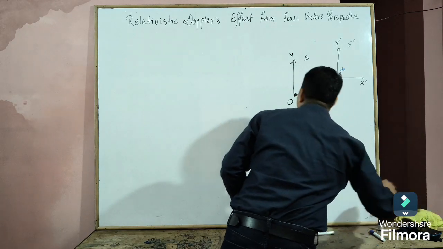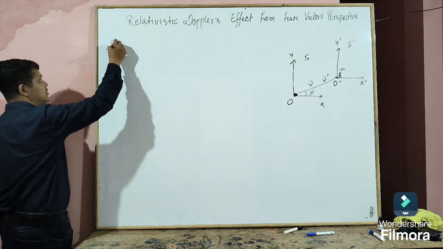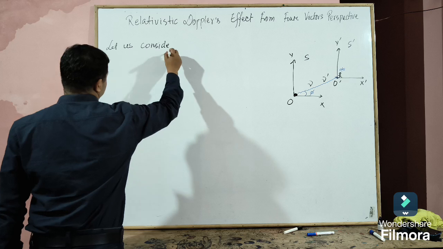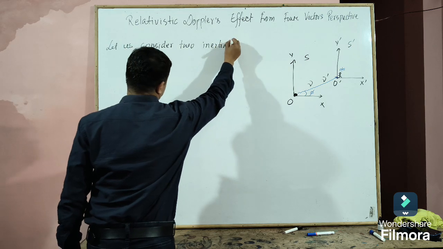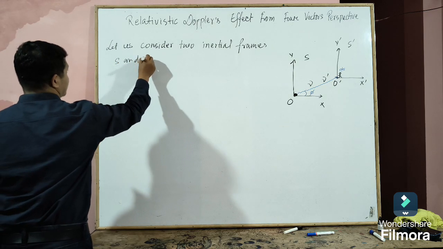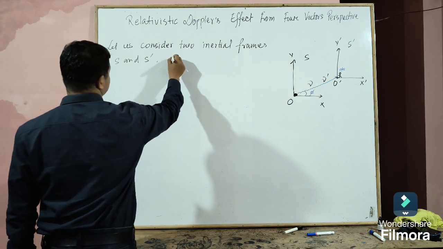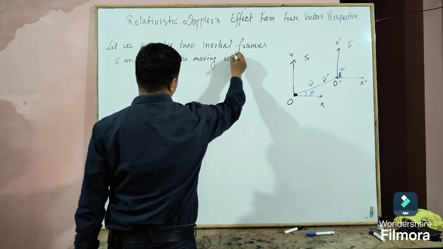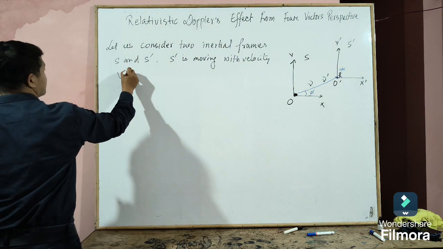Now let me clean it. First you have to write: let us consider two inertial frames S and S dash, and let us consider that S dash is moving with velocity v i cap.